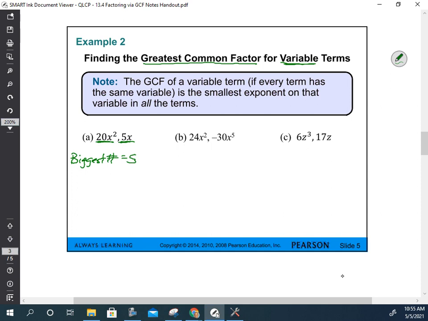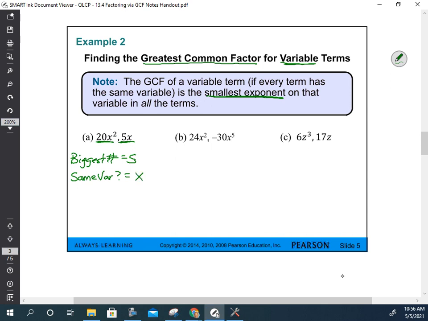Now you look at the variables. Do they have the same variable? Does each term have the same letter? So, the answer is yes. They both have x's in them. So, if they have the same letter, then you take out the letter and the smallest exponent.